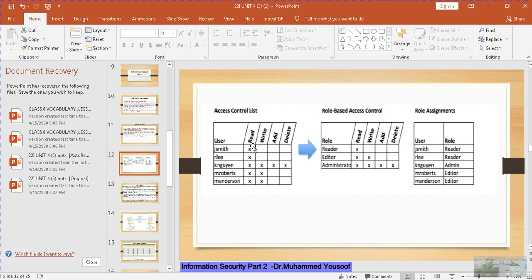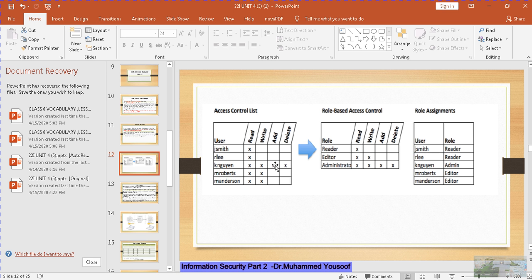In this one, if you look at J. Smith, Riley, Kennegan, M. Roberts, M. Anderson, all 5 have the right to read. Whereas Kennegan, Roberts and Anderson have the right to write information in the system.